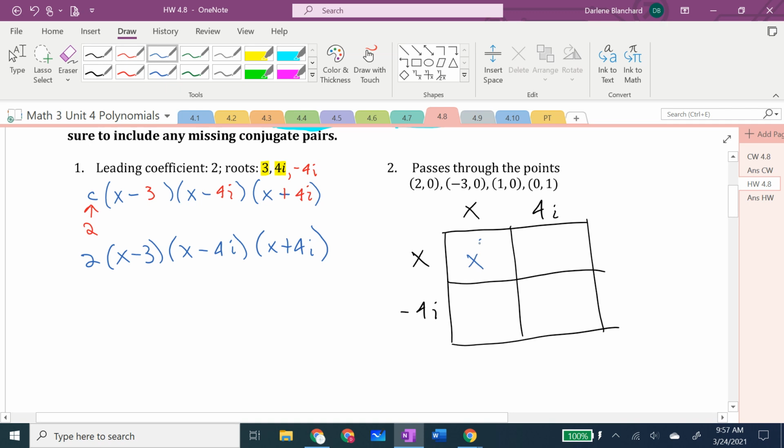When I multiply, I get x squared. I get positive 4i times x. Ooh, I get negative 4i times x. And that's the beauty of the conjugates. I'm going to finish the last box and then come back to the beauty of the conjugates. So negative 4 times 4 and i times i.